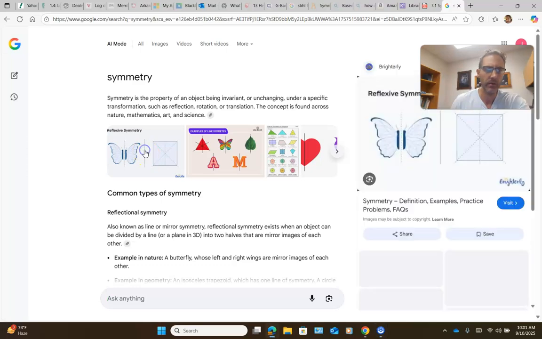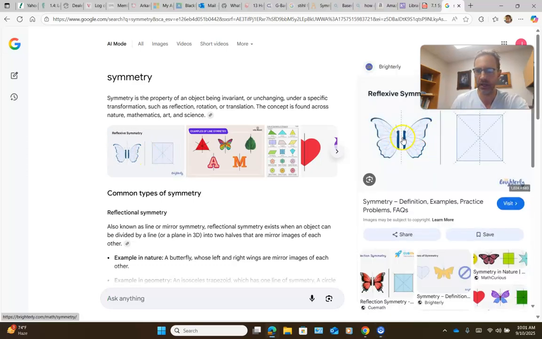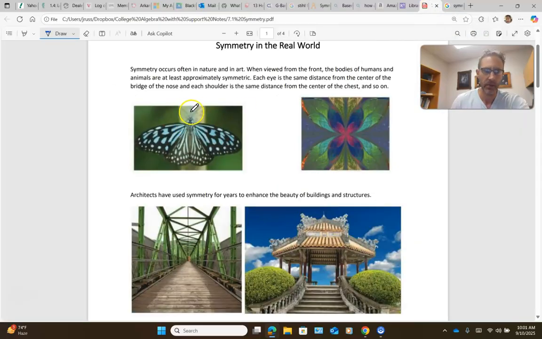But when we look at this image right here, guys, and I say it's symmetric, or let me go to my notes. We look at this image of this butterfly, we can say that it's symmetric about an axis, okay, and the axis goes right through the middle of the butterfly. And really what this means is that any point on this butterfly's wing is basically, think about any point being defined by an x and a y coordinate.